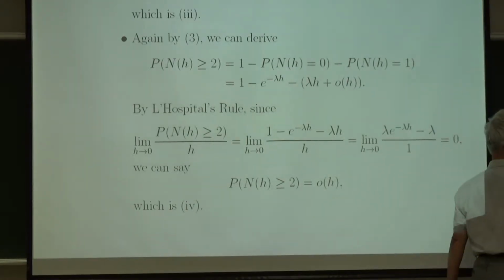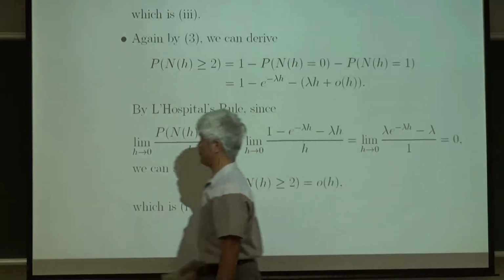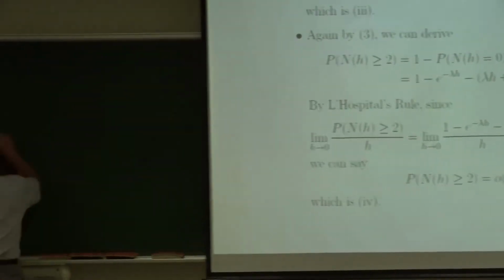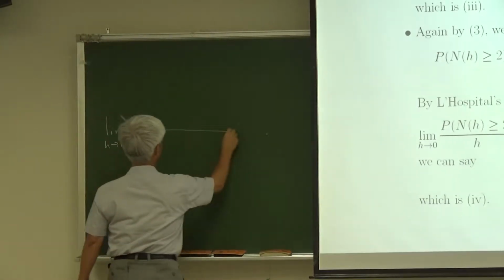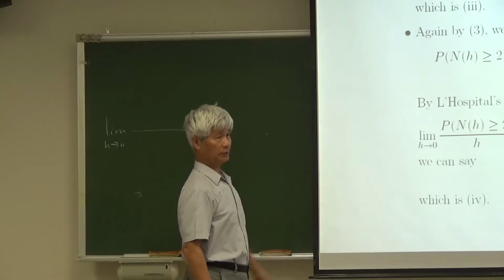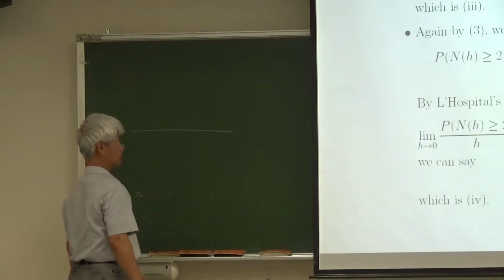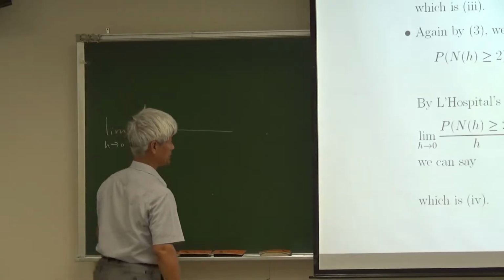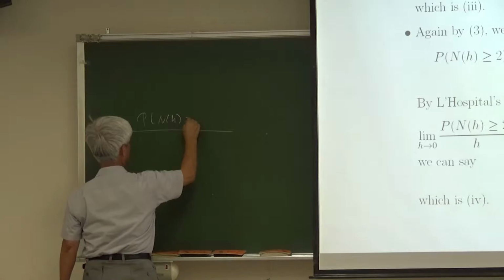I think I have to skip a little bit. You may think I have to take a derivative of a little o of h function, but actually it is not necessary.